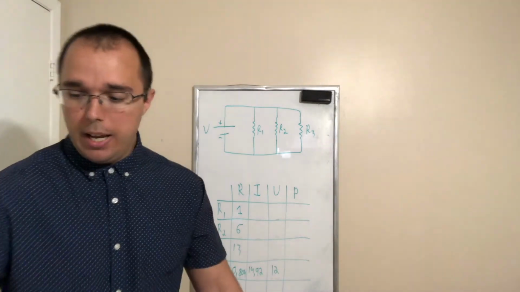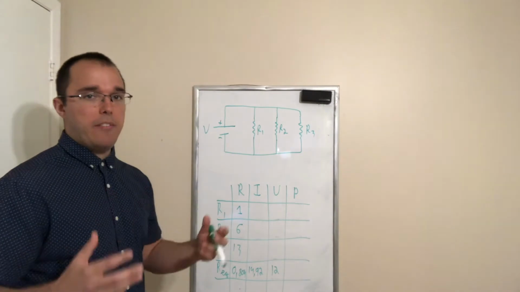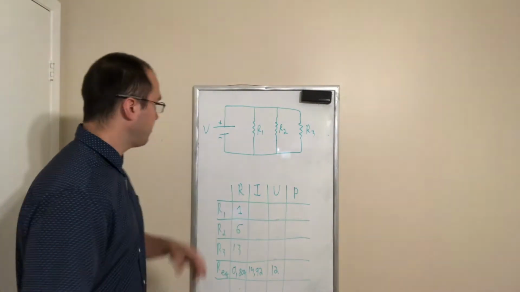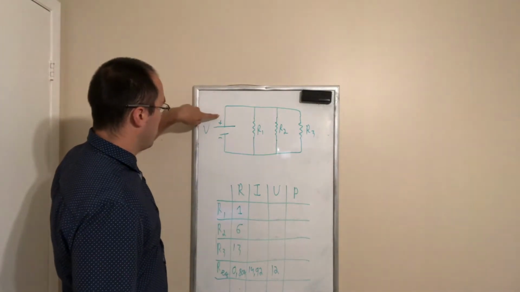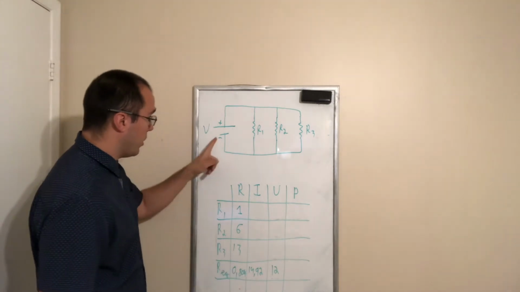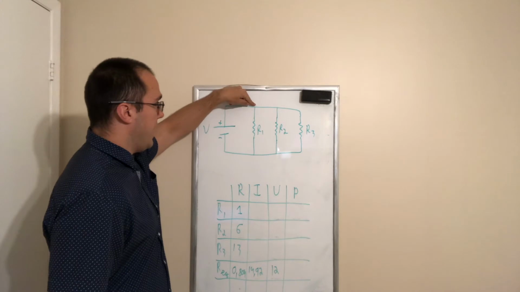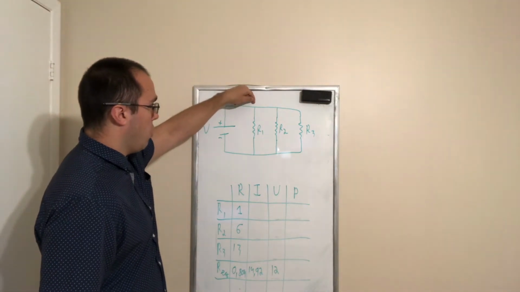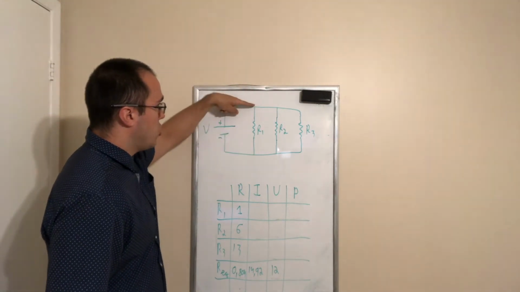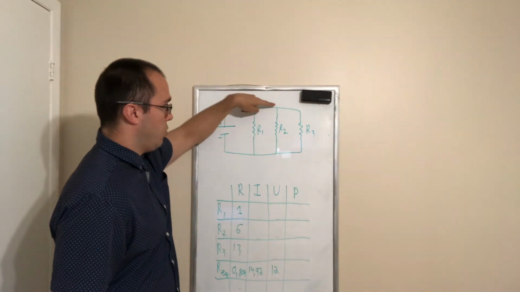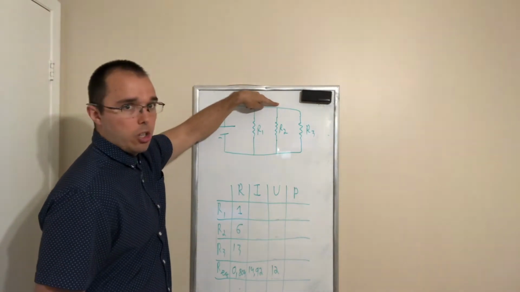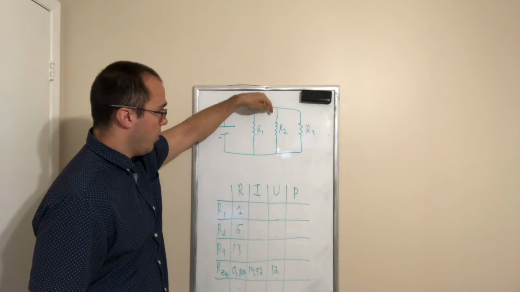Now, in this problem, the current does not behave the same way as in a series circuit. The current goes from the source, and that's the total current going through the source, by the way, 14.92. It gets to the first junction, and then it's split. Some of it goes into R1. Some of it goes to the right. Then there's another junction. Some of the current is going to R2.